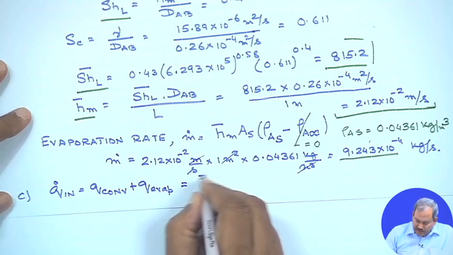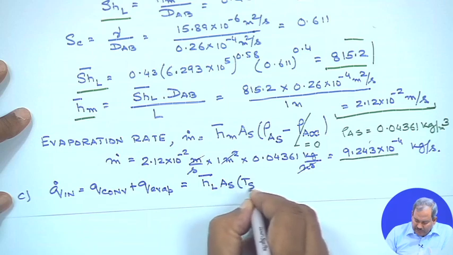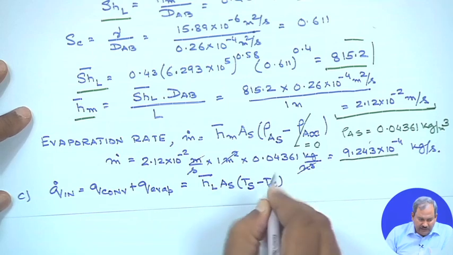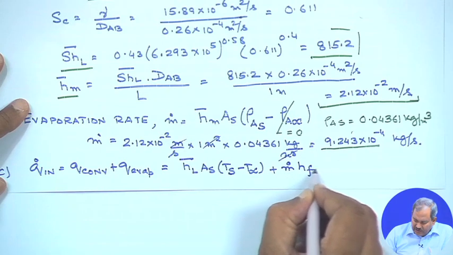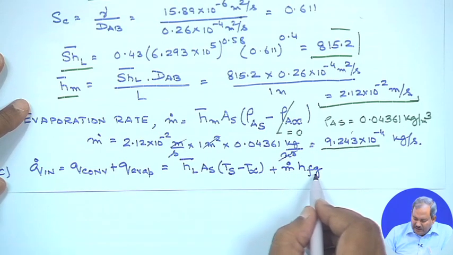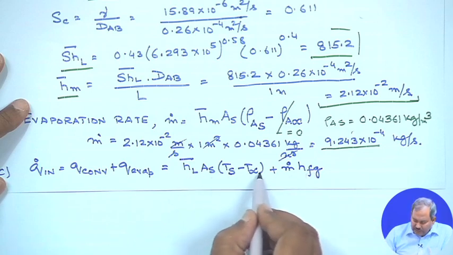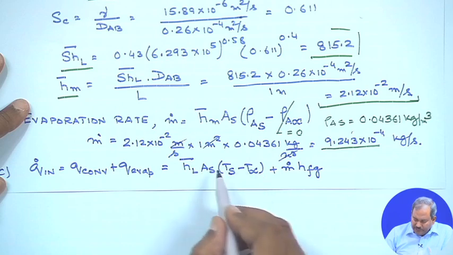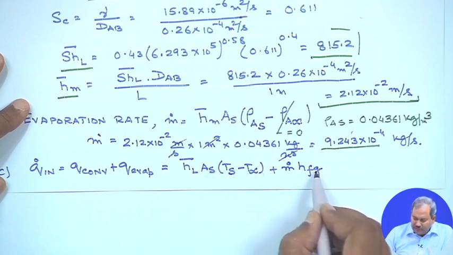So, this is going to be h bar L A s (T surface minus T infinity) plus m dot h fg, where h fg is the latent heat of vaporization. So, this gives you the convective transport of heat, and this gives you the heat required for phase change.